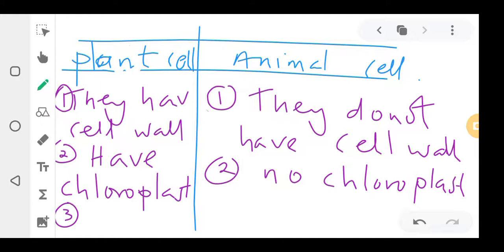And then the third one is that plant cells have large vacuoles.